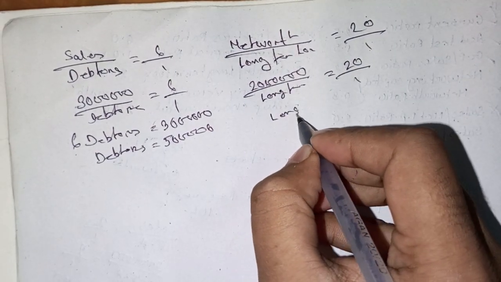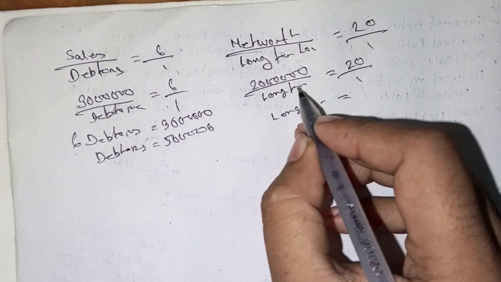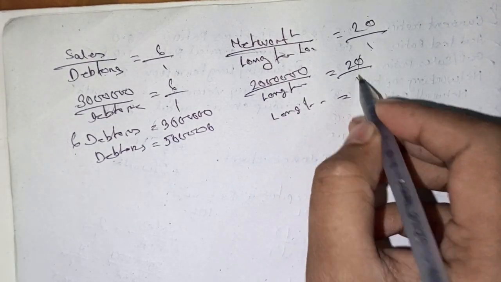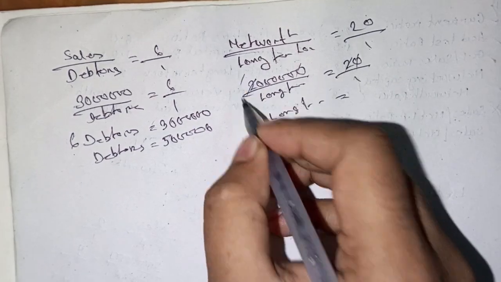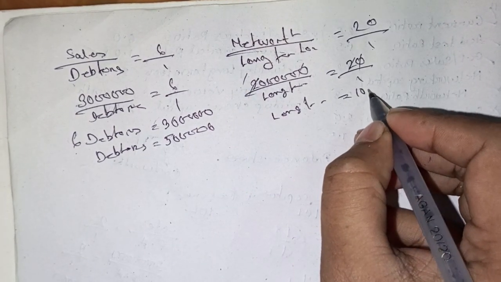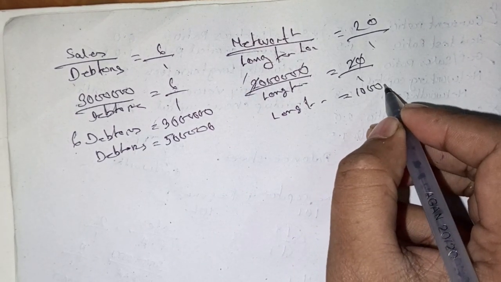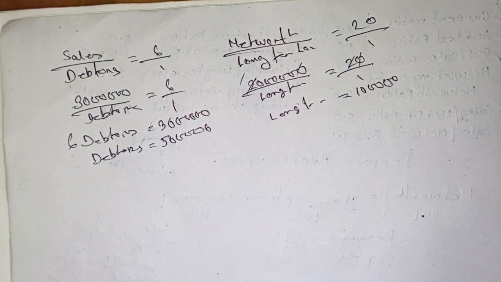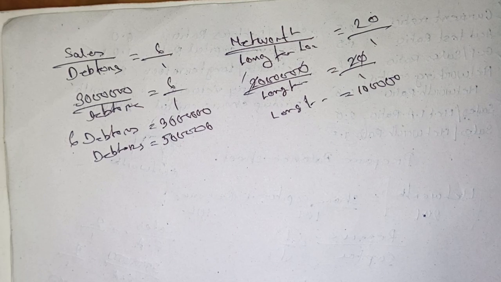So long term loan equals 20 lakh divided by 20, which is 1 lakh. So I think everything is solved.